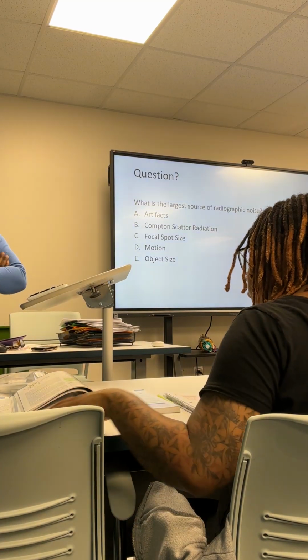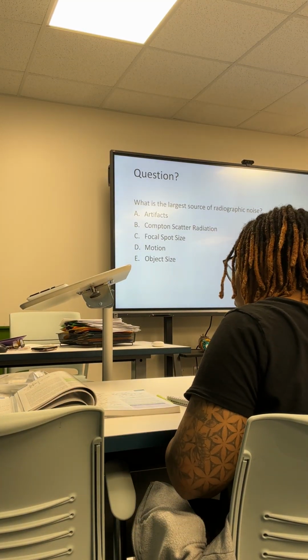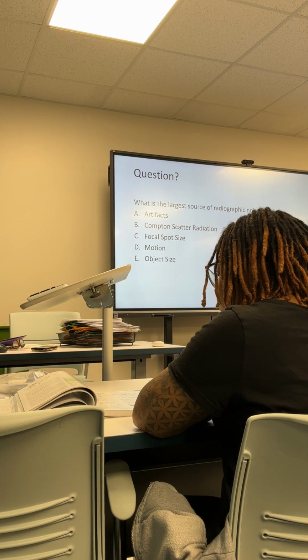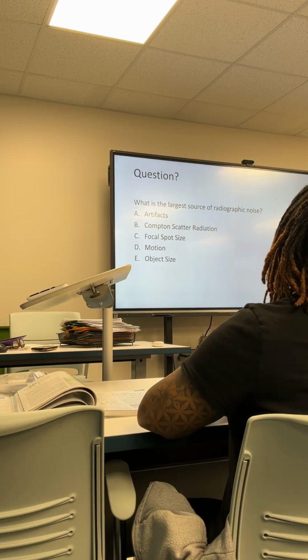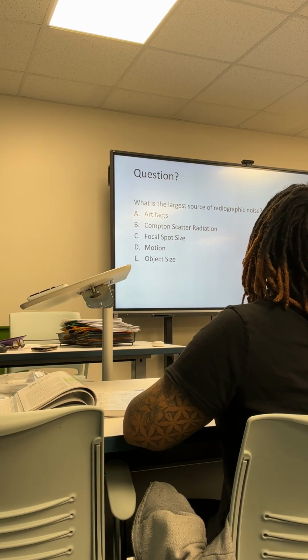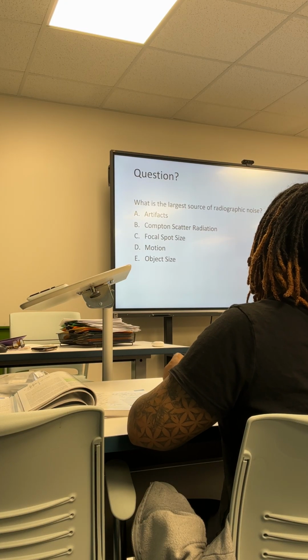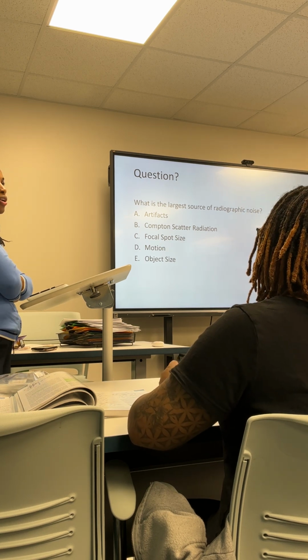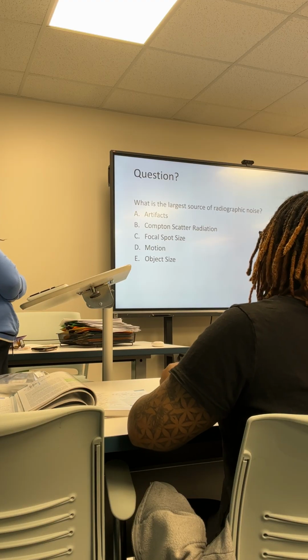How do you classify artifact size? Anything that's not supposed to be in the image, like a belt that wasn't taken off, a bra. So scatter. Everybody agree? Amanda, what do you think?